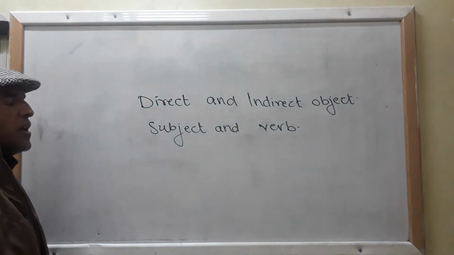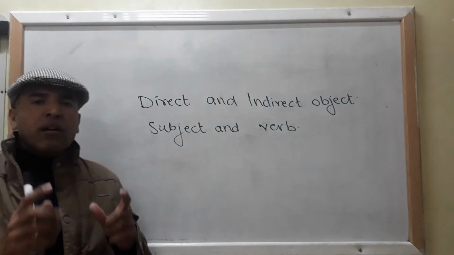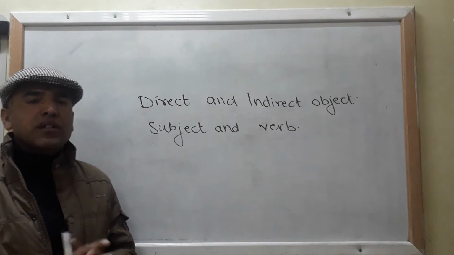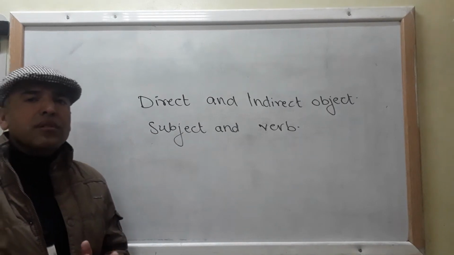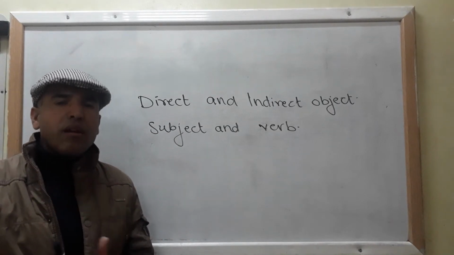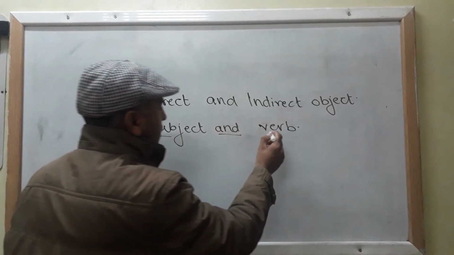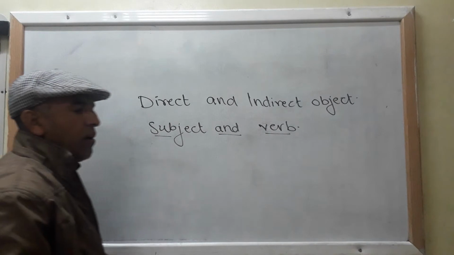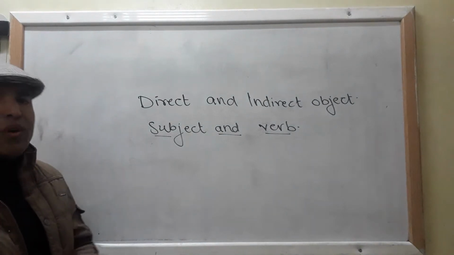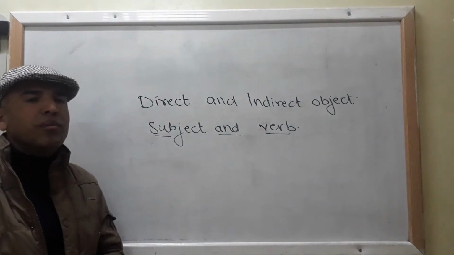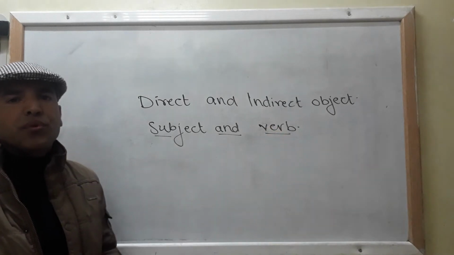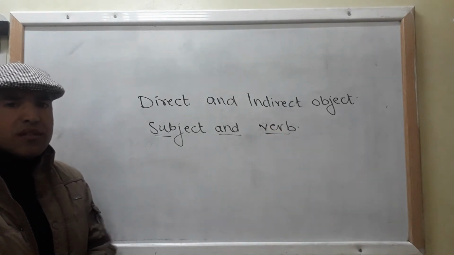Students, as you know, a sentence of English language can be dissected or disintegrated into three parts: subject, verb, and object. If you don't know what a subject is and what a verb is, it will be hard for you to find out an object in a sentence.